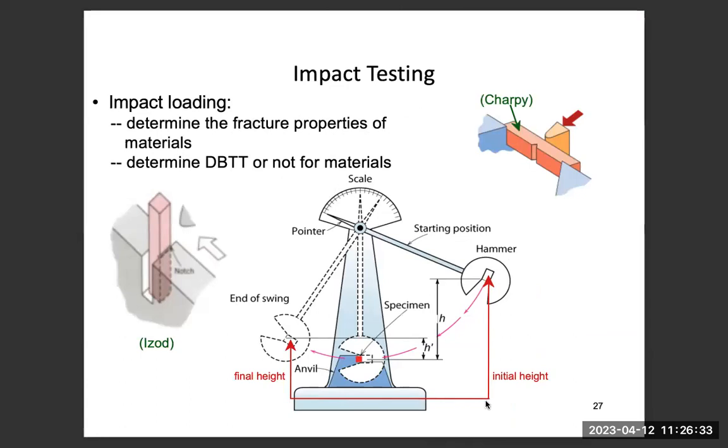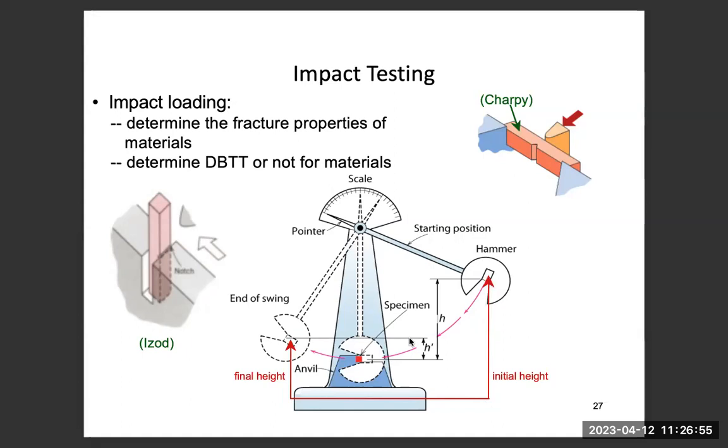Impact test. Basically, to determine the fracture properties of materials, we of course do tensile and compression tests, but mostly the impact test. We have an impact hammer, which has potential energy.